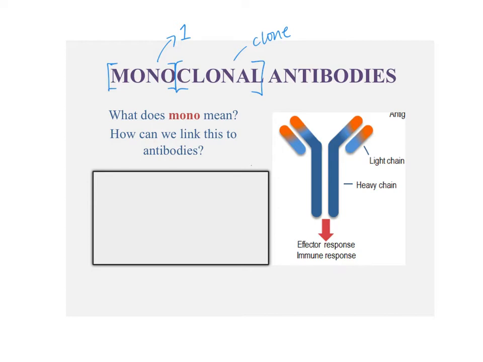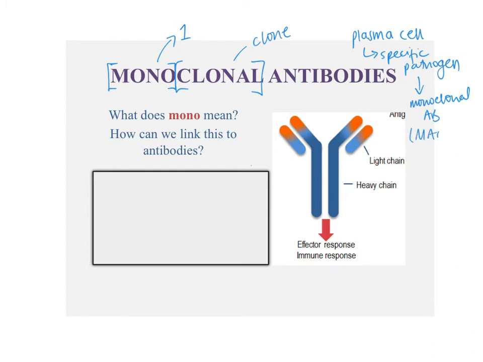An example of this is when we've got a plasma cell responding to a specific pathogen. It's only going to produce one type of antibody, and that antibody is going to be a monoclonal antibody specific to that pathogen.